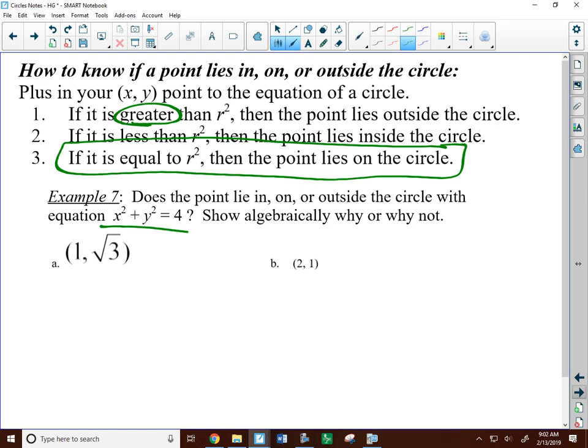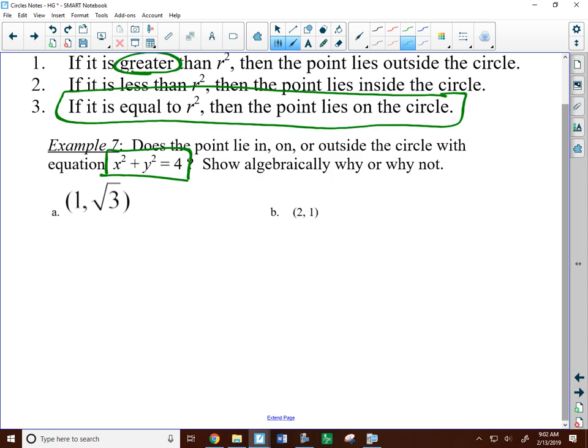So let's just do this one at the bottom to show you what I mean. You have x squared plus y squared equals 4. Do the following 2 points lie in, on, or outside the circle? Show algebraically, so work it out and see. Oh, also, this is a good example as well.